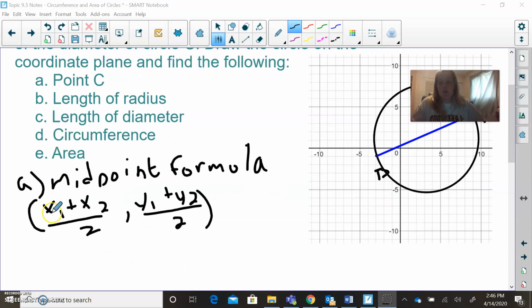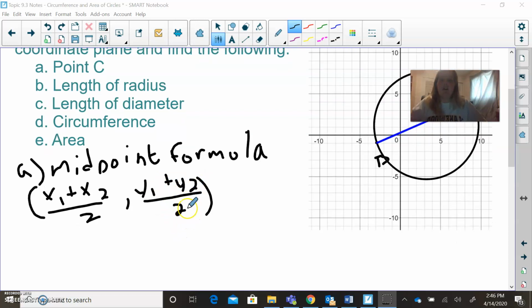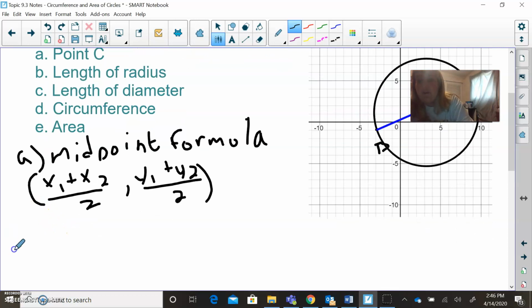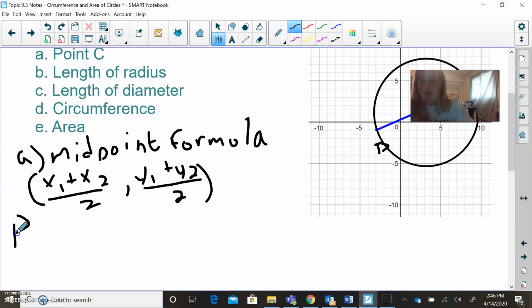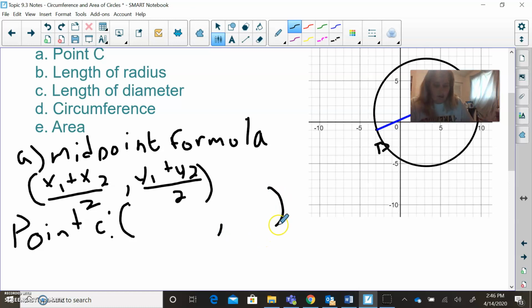We're going to use the midpoint formula, which is x1 plus x2 divided by 2, then y1 plus y2 divided by 2. So to find point C, we're going to use A and B. Let's start with A. We're going to use the x value for A, which is 9, and add it to the x value of B, which is -3.